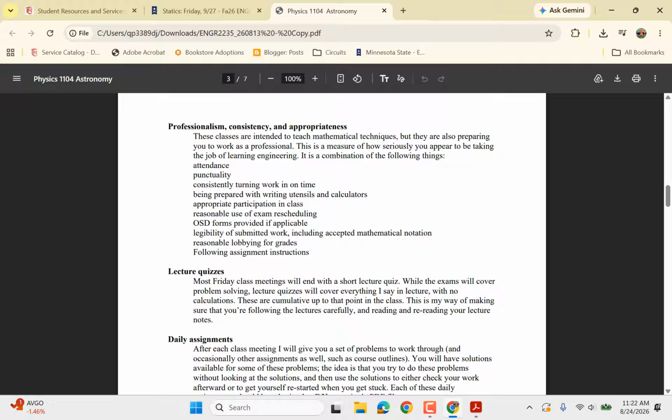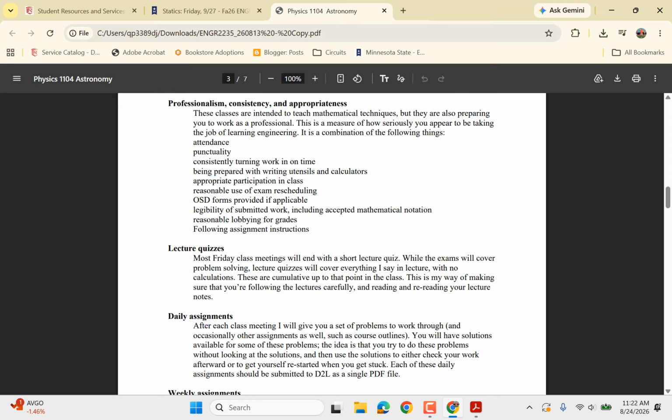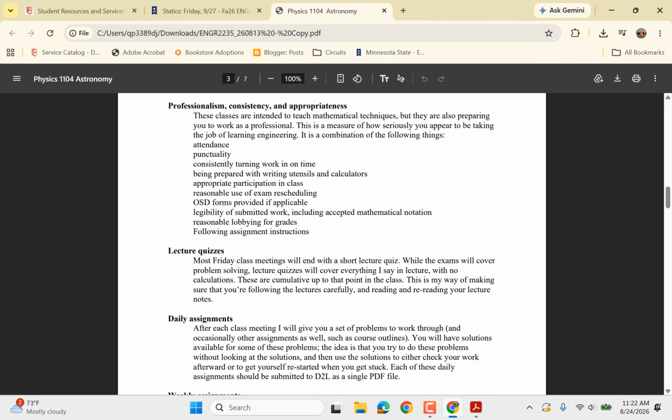All of those things are part of being a professional, and now is the time to start practicing that. Wearing a suit? No, not really. You don't have to wear a suit, but all the other stuff. I'll imagine you're wearing professional clothes, but everything else, you need to get in the habit of doing.